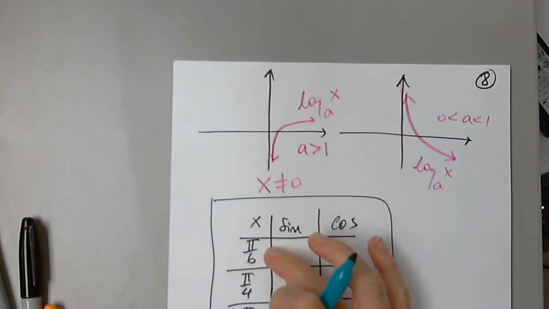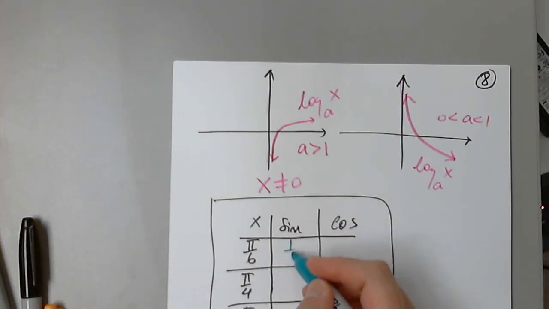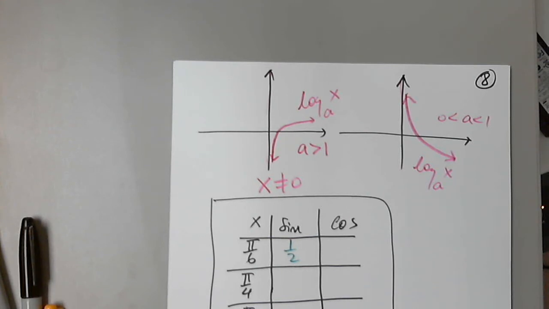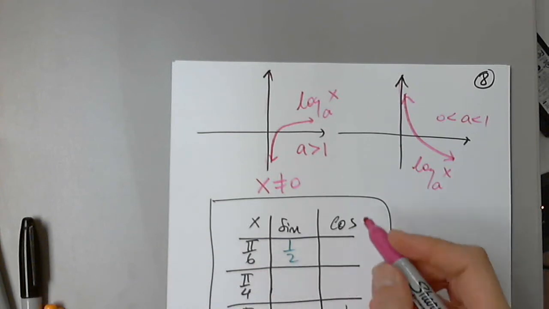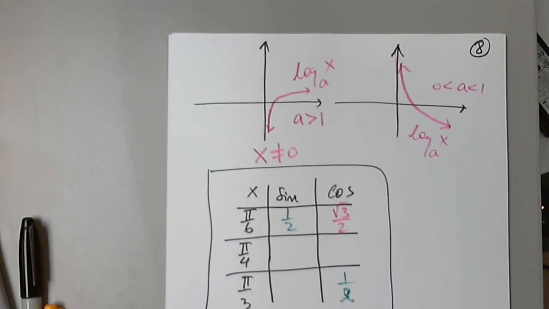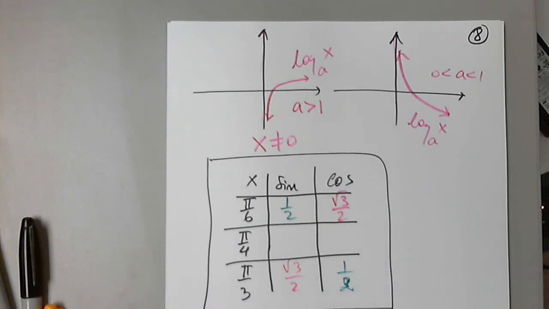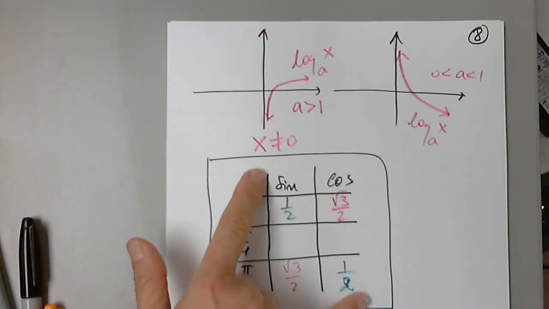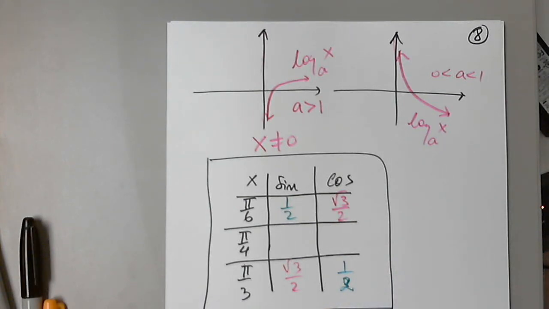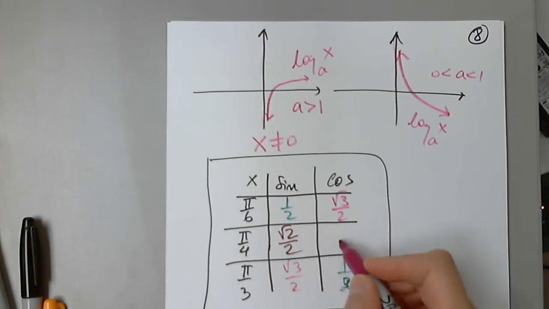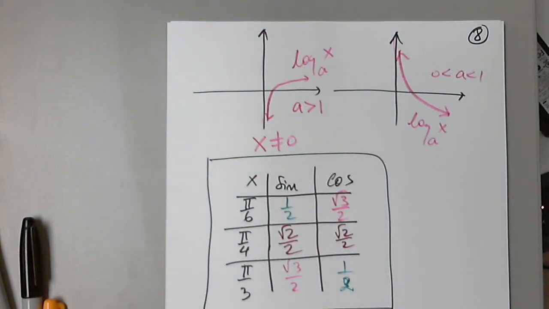Sine pi over 6 is the smallest angle, and sine is 1/2. So the opposite, in other words, cosine, for pi over 3. Now, cosine pi over 6 is that ugly one, the square root of 3 over 2, and so is sine of pi over 3. So see, these two go together, and these two go together. And pi over 4 is the easiest to remember, because they're both the same, the square root of 2 over 2 and the square root of 2 over 2. That's really all we need to remember.